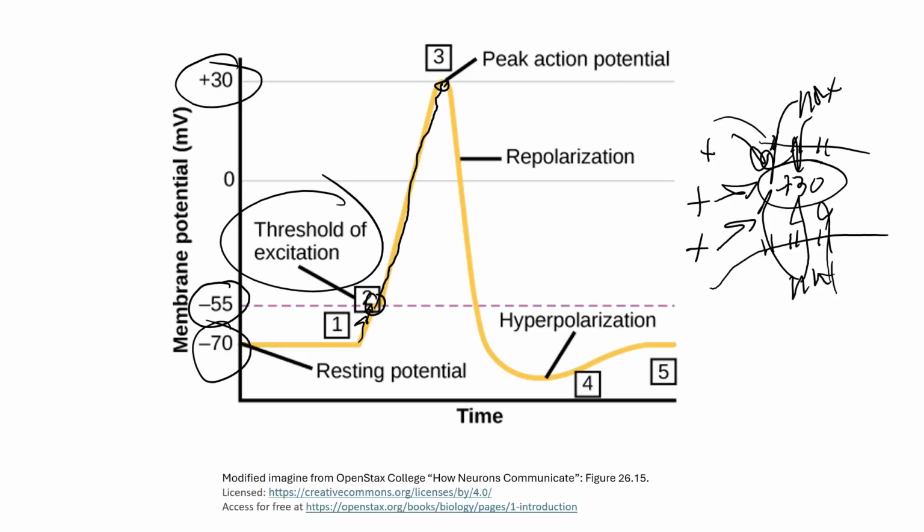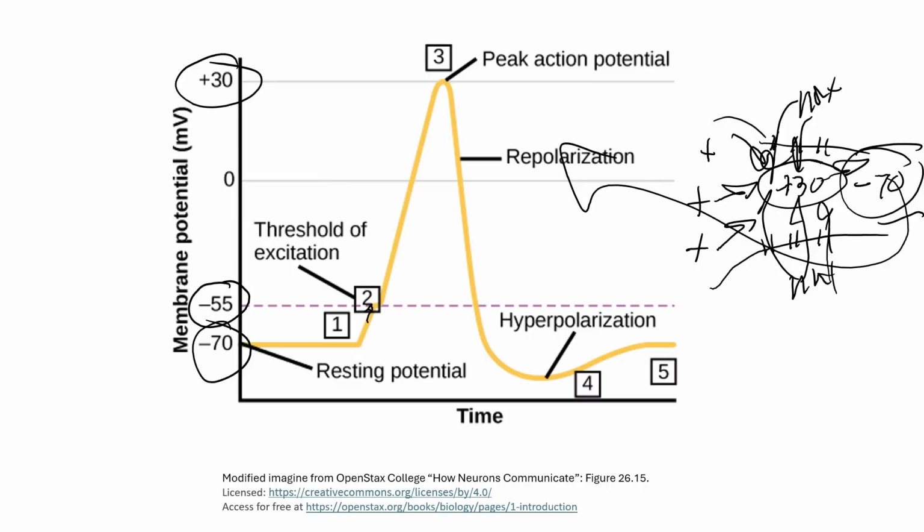Now you could relate this to any other part of the axon. Like we could look at the membrane potential within the adjacent part of the axon and it would be negative 70 millivolts. So this could be looking at that adjacent region of the axon. And if this action potential moves into that region, it's going to do the exact same thing, right? It's going to depolarize that region from -70 up to -55 millivolts. That region is going to hit threshold. Voltage-gated sodium channels are going to open up. Sodium is going to shoot in.